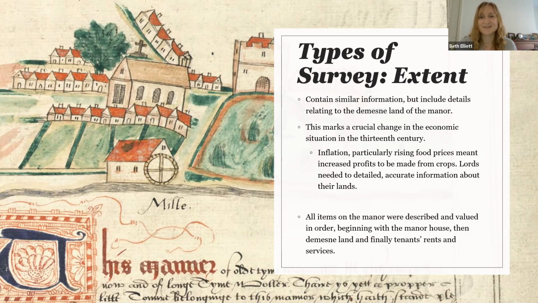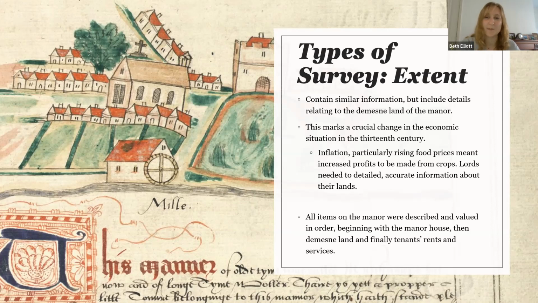Basically, because there's much more money to be made from food prices, from crops, the lords want to know exactly what they can make. They want more accurate information about their lands. So we start to see them become a lot more detailed. You find all items on the manor were described and valued in order, beginning with the manor house, then the demesne land, and finally we still get the tenants' rents and services.